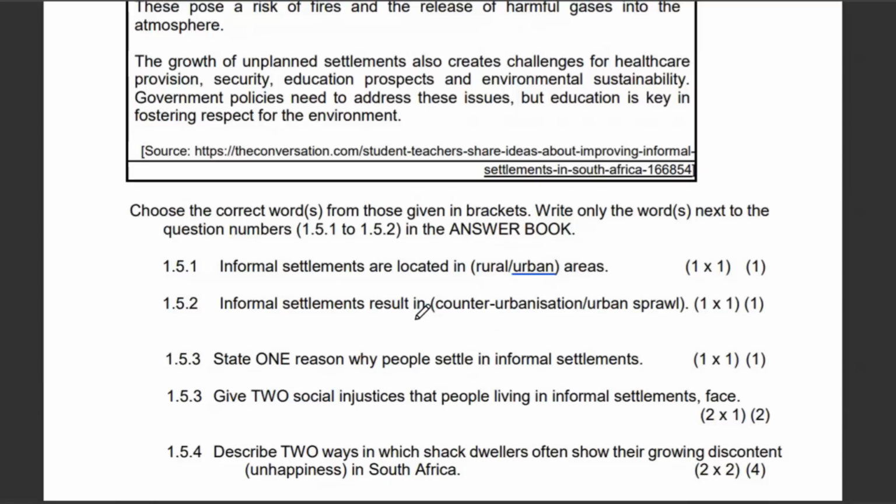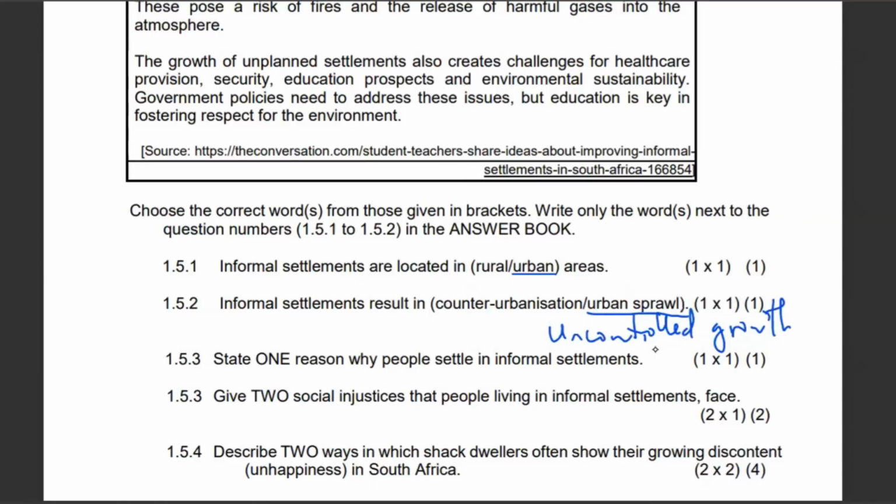Informal settlements result in counter-urbanization or urban sprawl. They result in urban sprawl. What we call urban sprawl, we are looking at a situation whereby we have uncontrolled growth of cities and towns. For the reason being, informal settlements are not planned and they are illegal.